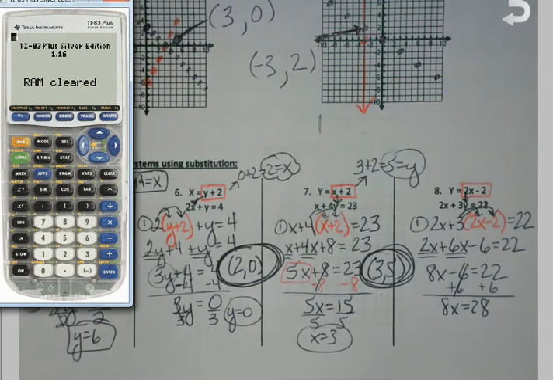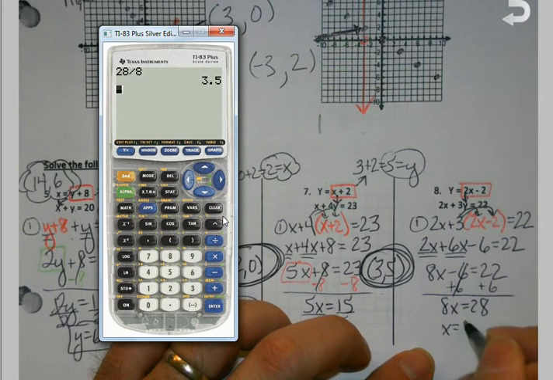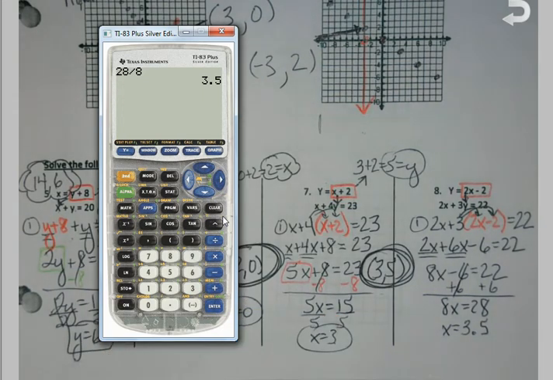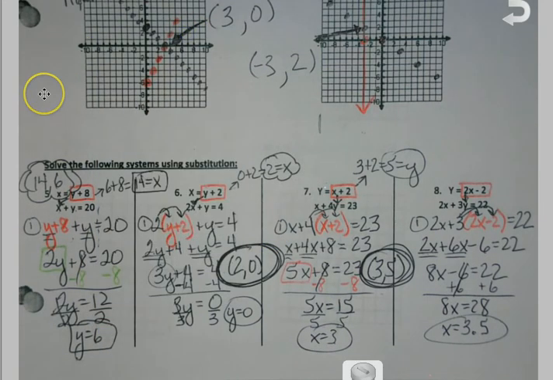All right. Divided by 8. Okay. Oh, wait, yeah, never mind. Okay. So we do end up with a decimal. That happens every once in a while.